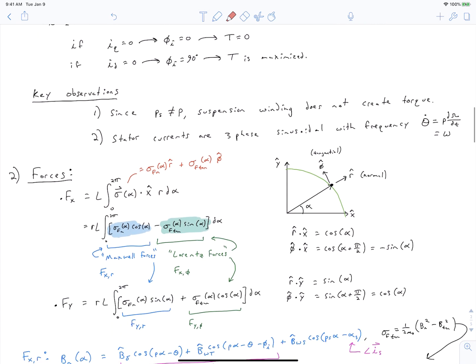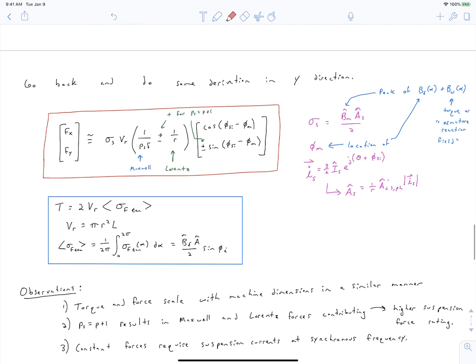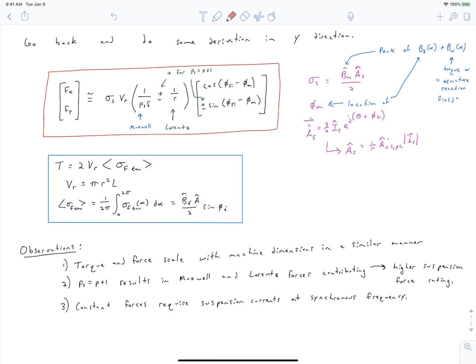And second, to derive the forces that act on our rotor when we excite the suspension windings with three-phase currents. We then constructed final force and torque expressions and compared them to discuss how the machine scales and draw conclusions about the proper selection of the number of pole pairs for the suspension operation and the frequencies that we expect our suspension currents to be at.